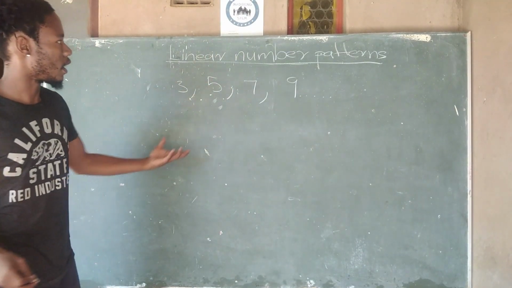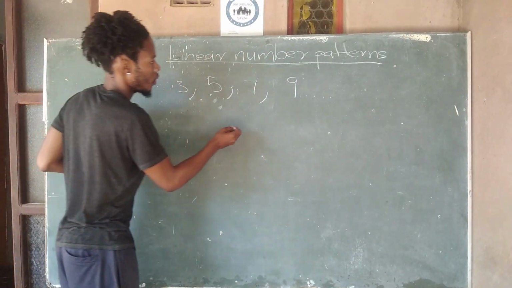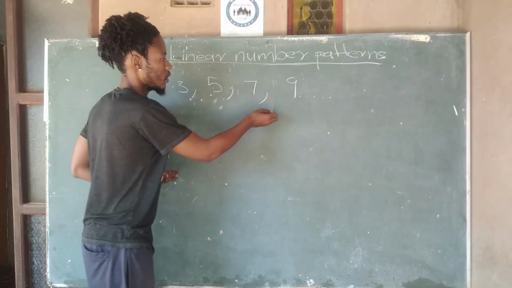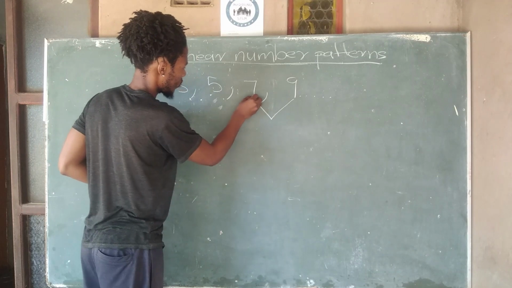This is a linear number pattern. To find a constant difference, I told you you need to subtract your terms.